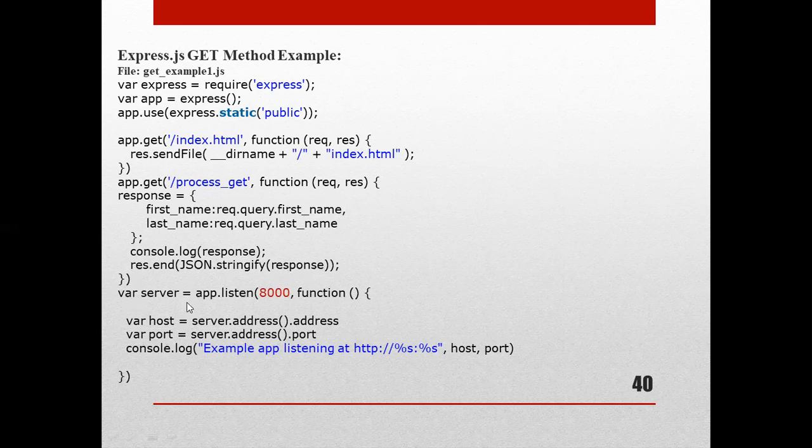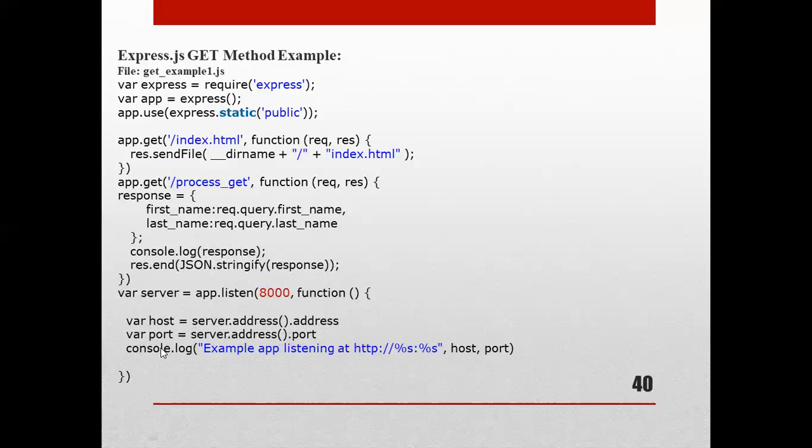Then for the server, we have to listen on a port number, like app.listen with the port number 8000 and a function. That function contains the host name and the port number, like var host equals server.address().address, and var port equals server.address().port for the port number.